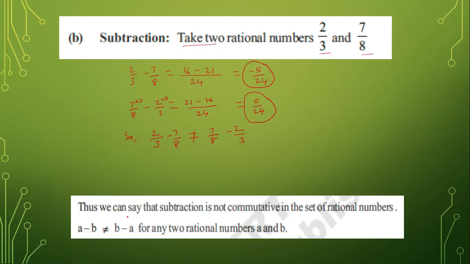You look there. Thus we can say at the bottom of the page that subtraction is not commutative in the set of rational numbers. In the previous one, addition is commutative in rational numbers. Now subtraction is not commutative: for all a, b belongs to rationals, a minus b is not equal to b minus a.